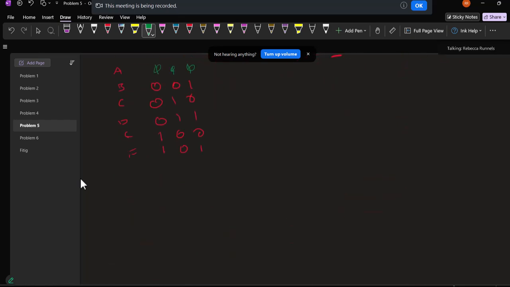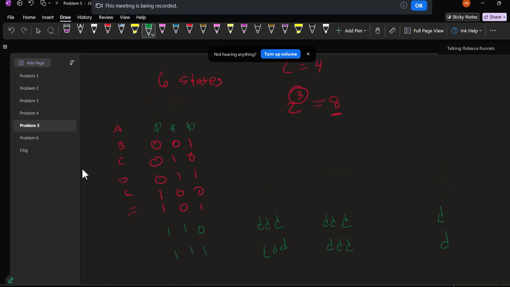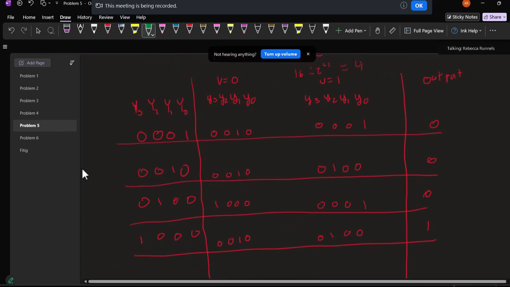But if we did, with this one, when we do our table, we would have to include 1, 1, 0, and 1, 1, 1, and make everything over here don't cares. So you have to account for every possibility. Theoretically, we would here, but I'm just not going to.